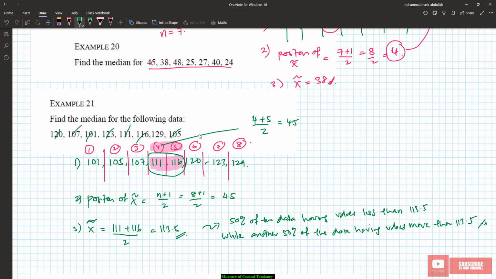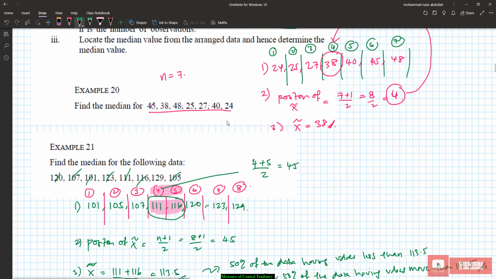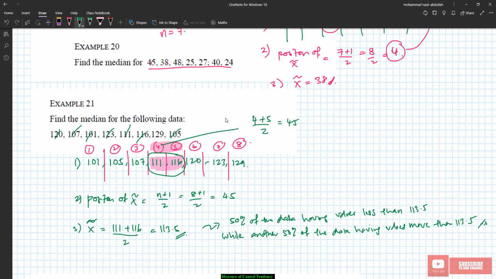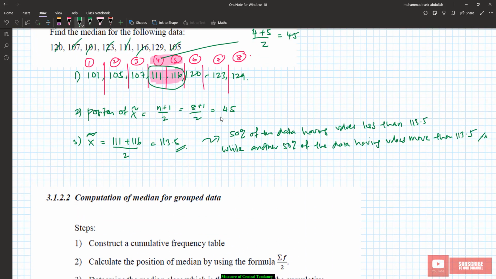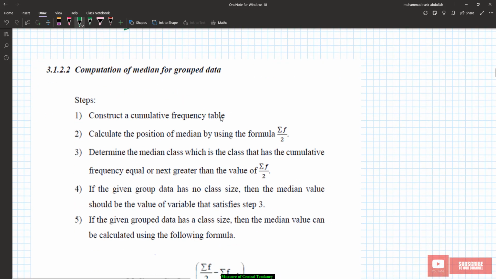So this is how we interpret the median value. Okay, so this is for ungrouped data. It should be very easy to calculate the median for ungrouped data. Are you okay? Let's move to the next one.